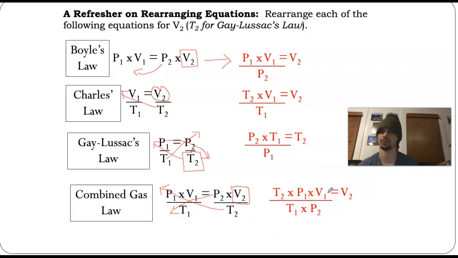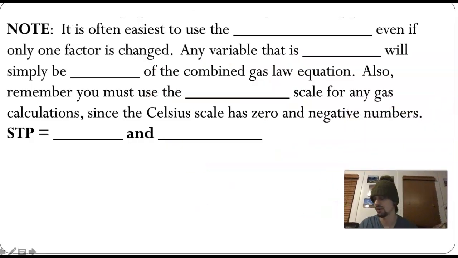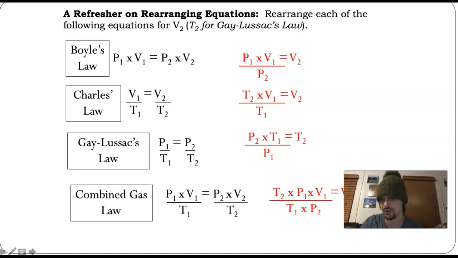I can simply plug in my variables and solve for my unknown variable. So in this video, I want us to be comfortable using all of these equations to solve for unknown variables. Now you're either going to be given 3 out of 4 or 5 out of 6 variables. You're going to pick which gas law you use and solve for that unknown variable. All right, so the little notes below it, it's up to you if you want to write them down or just follow along, but oftentimes it's going to be easiest to use the combined gas law, this one right here.